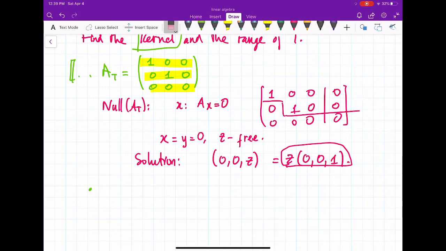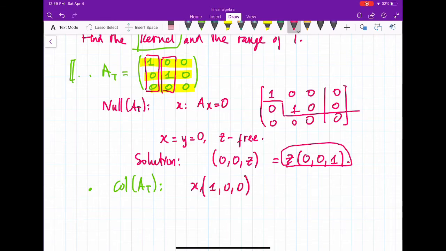Again, the range of T is the column space of A_T. So you just need to find the column space of A_T. And look at this, you have two nonzero columns like this. So basically you can write the column space as x times the first vector (1, 0, 0), I write it in this form, you can write it in transpose form, plus y times (0, 1, 0).